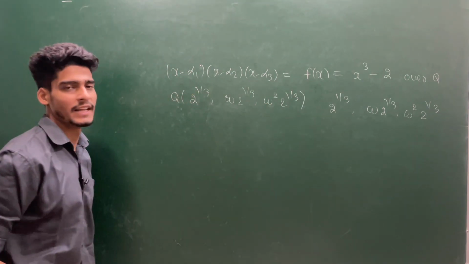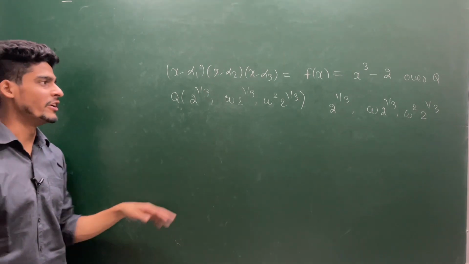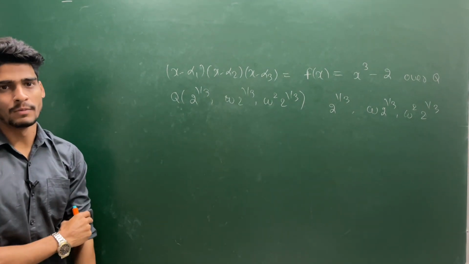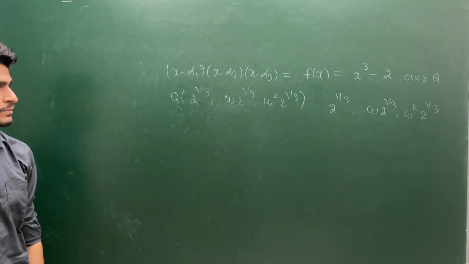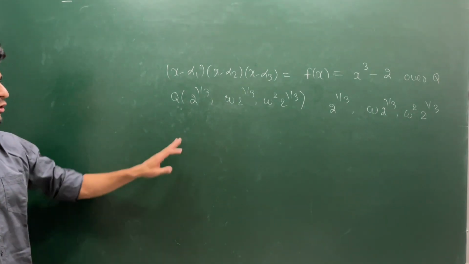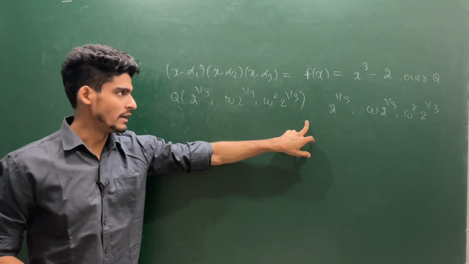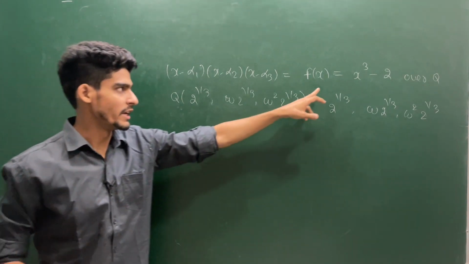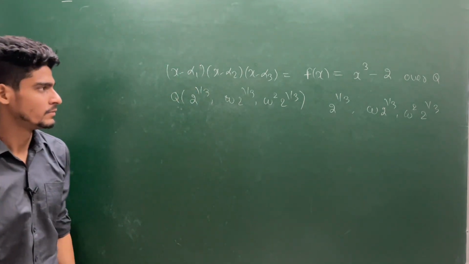This is one way to construct such an extension, but we are not looking for this. We are looking for the smallest possible extension, or smallest subfield, of the field containing Q which contains every root of this equation.